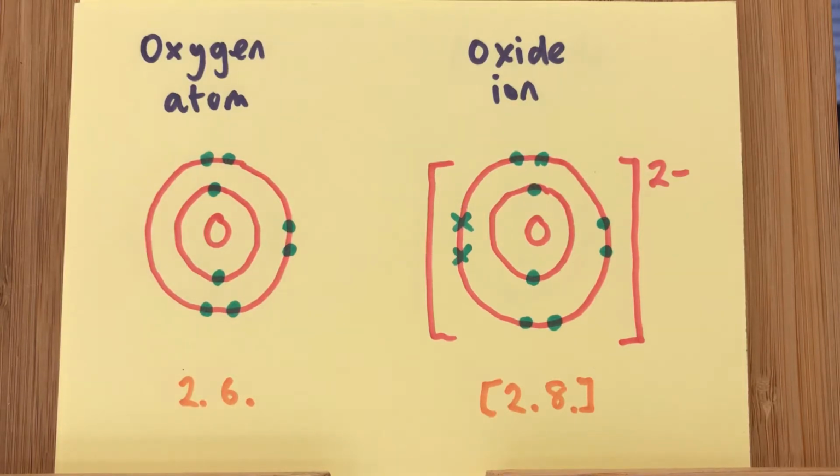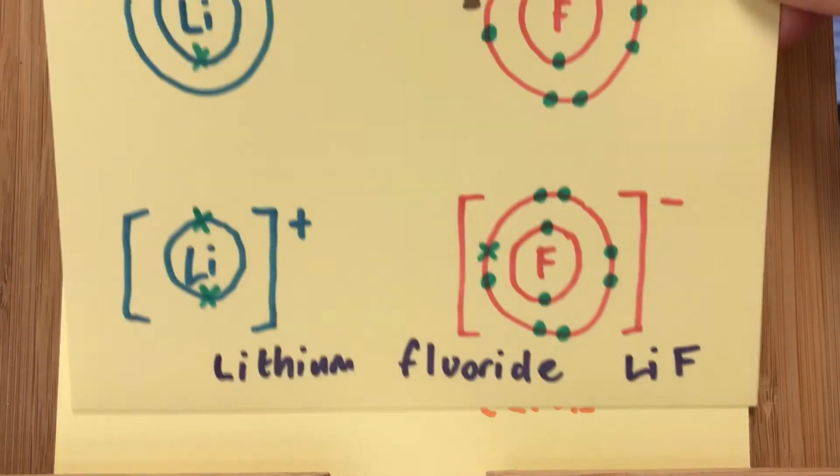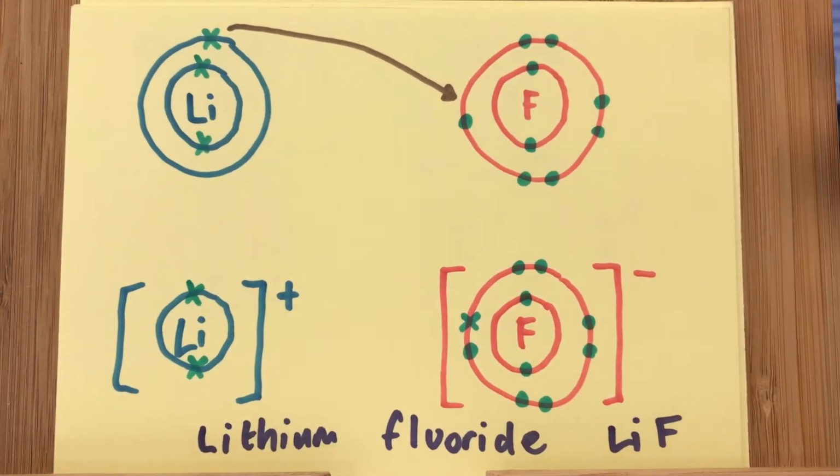Let's have a look at putting those together as if they've reacted together and made some compounds. So here is lithium and fluorine, and we can see on the top diagram that that electron from the outer shell of lithium has moved to join the outer shell of fluorine, and that's created lithium fluoride.